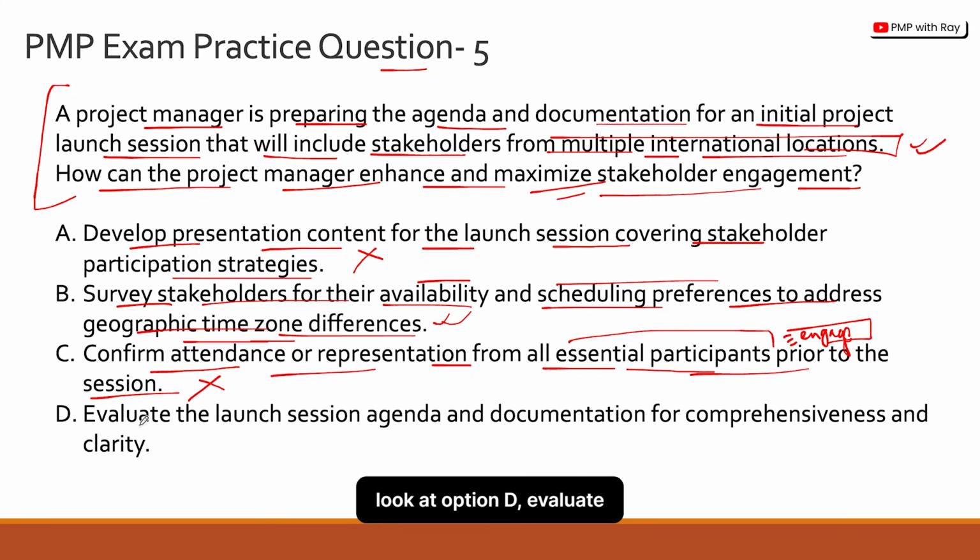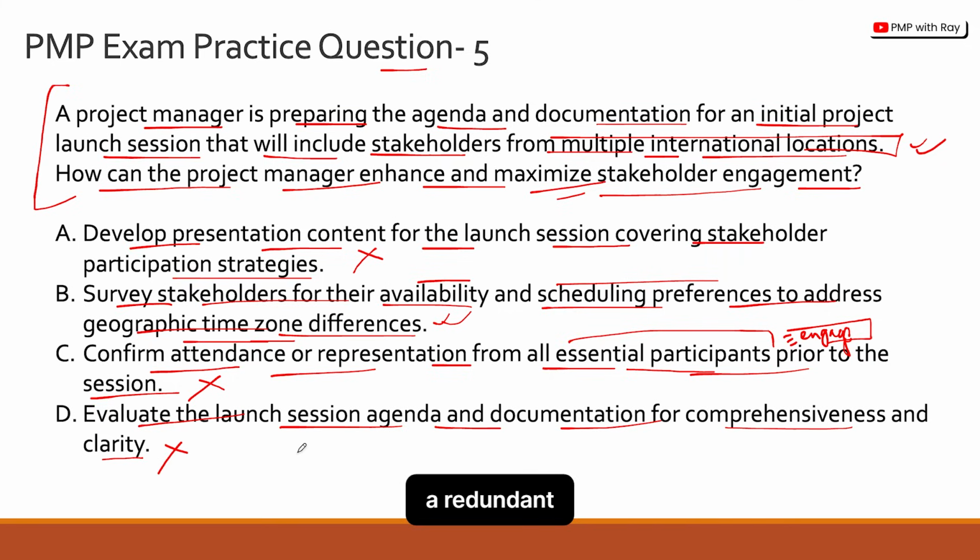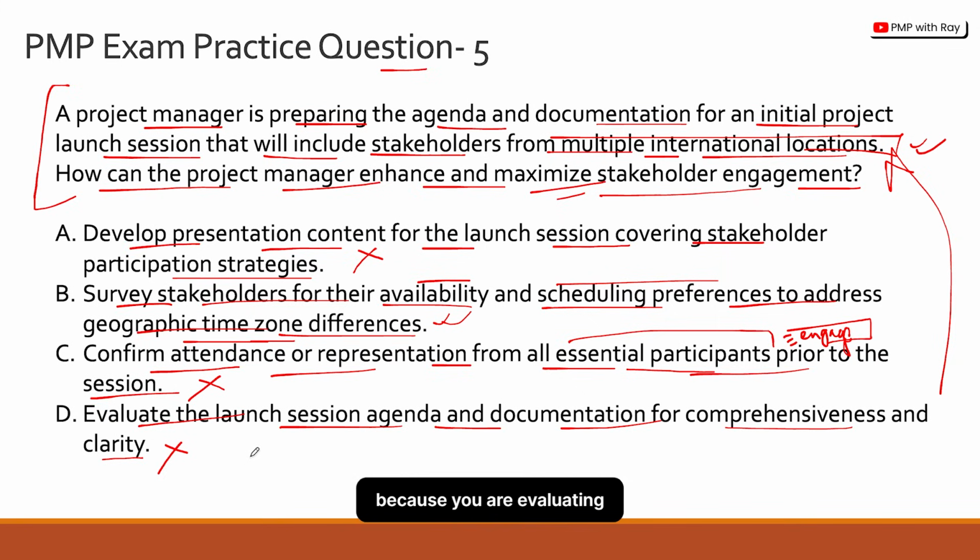Let's look at option D. Evaluate the launch session agenda and documentation for comprehensiveness and clarity. It is again a redundant activity you can still do, but it will not directly justify that just because you are evaluating the launch session agenda and documentation, it will increase or maximize stakeholder engagement. Okay, so standalone, it is fine.